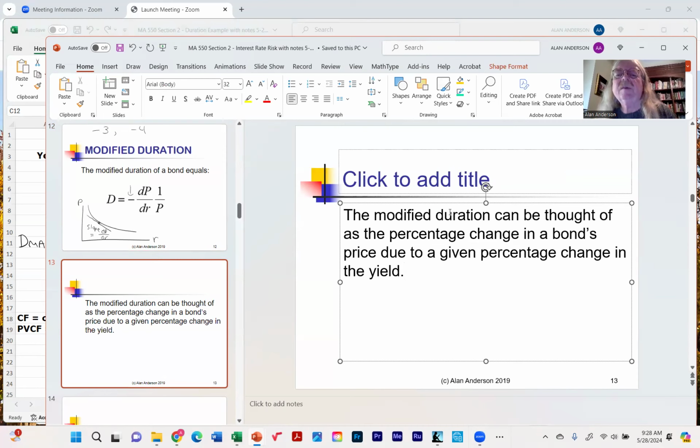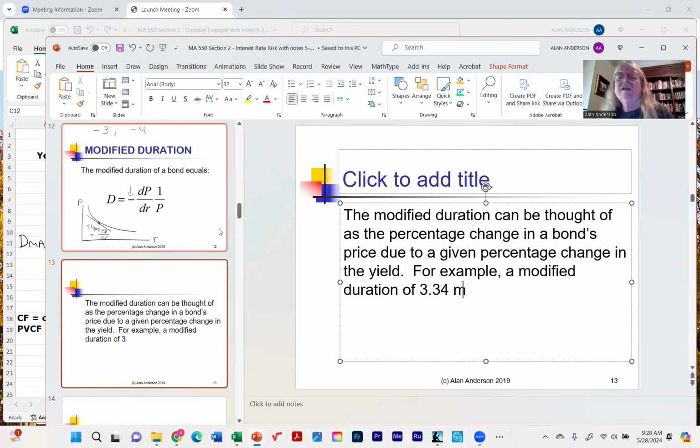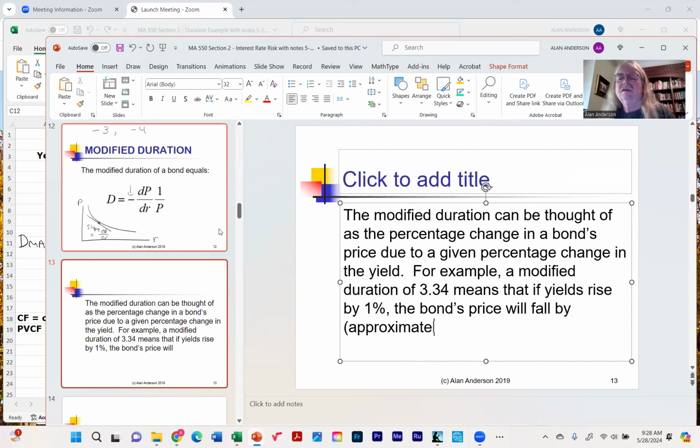So if you go back here, the modified duration we just discovered, 3.34, means that if yields rise by 1%, the bond's price will fall by approximately 3.34%, and vice versa, meaning that if the yields go down by 1%, the price should go up by approximately 3.34%.